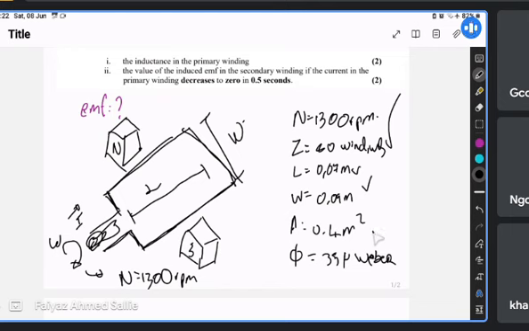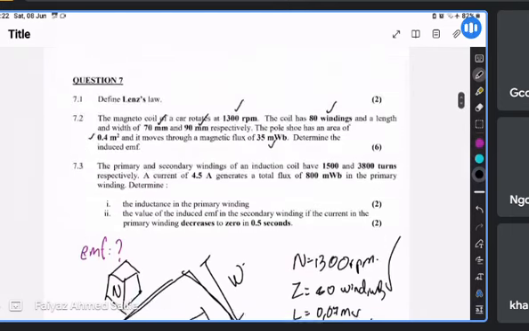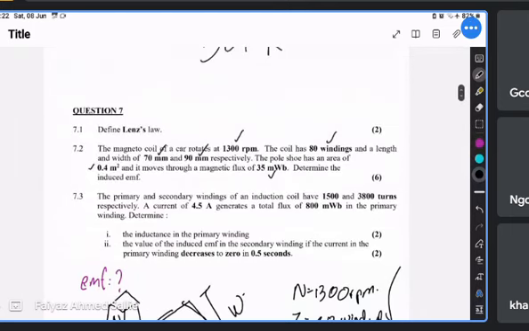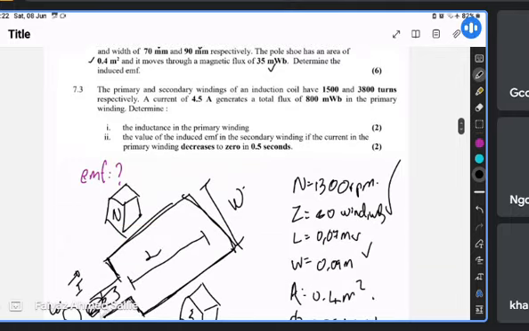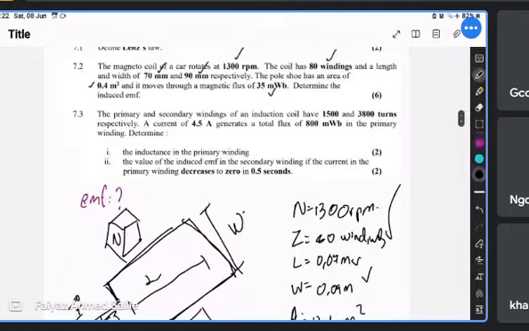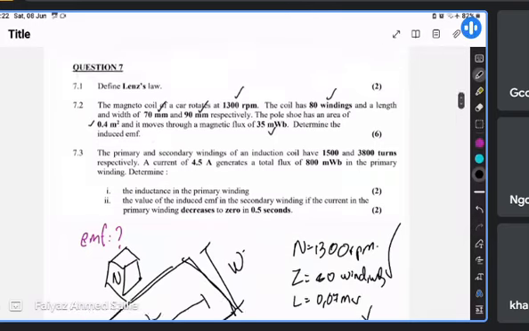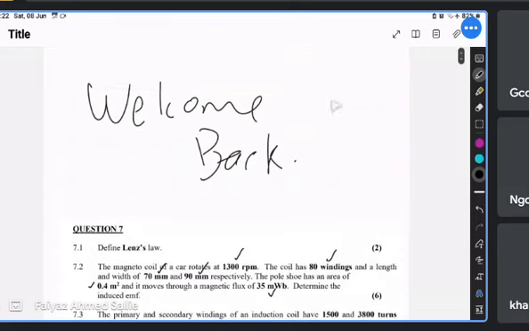What else is missing? So we got an area. I think this area is the area of the wire. The pole shoe has an area of, yeah, I think this area is 0.4 meters squared. So basically what they are saying is, you have a motor here, right?